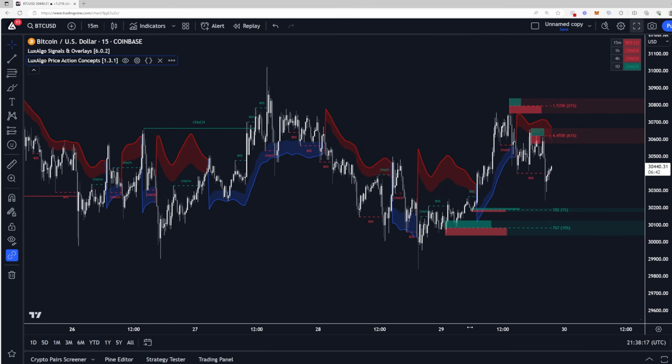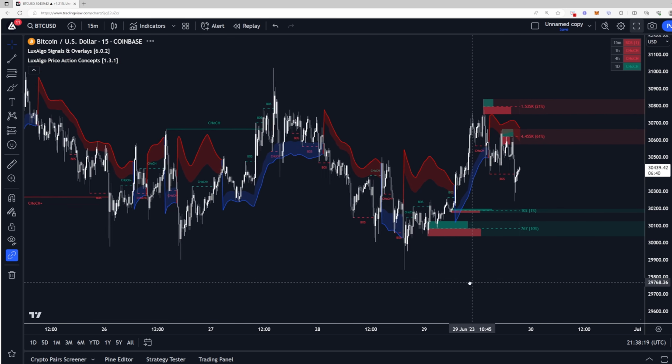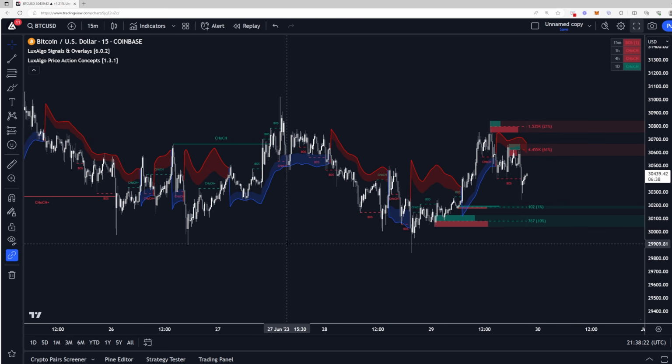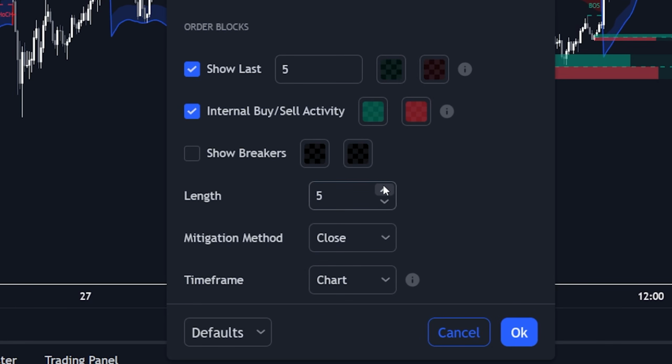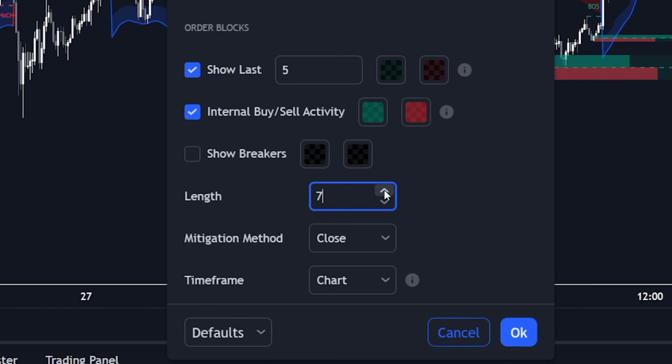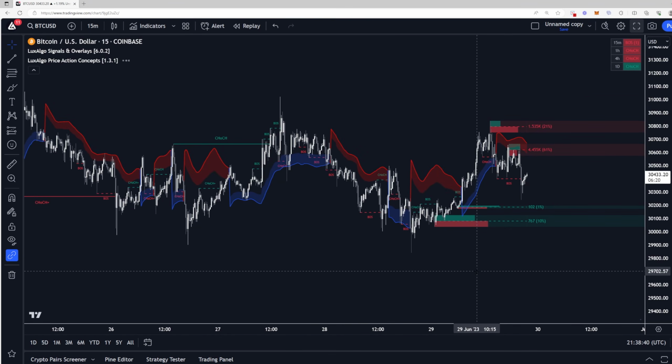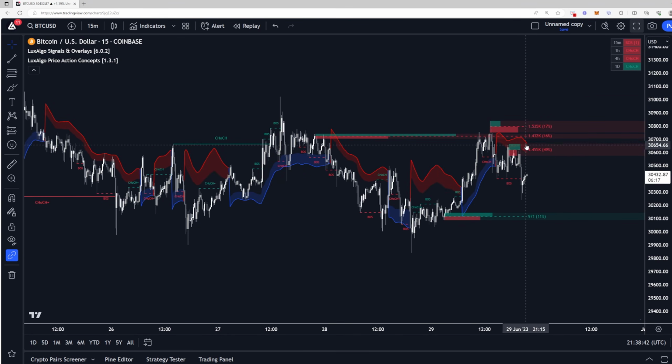If you're someone that typically zooms out a bit and you just want more order blocks, like you would expect one to be peering across the entire chart, then this is the scenario where you should likely increase the length setting or use a higher time frame. So in this case, we want to just increase it slightly. We're gonna put it up to 7 so we can get some more significant order blocks on our chart.